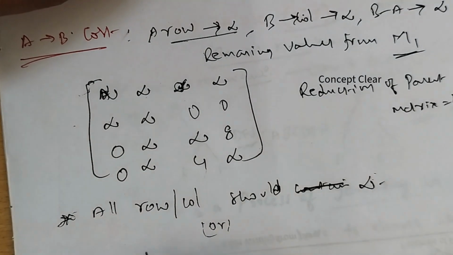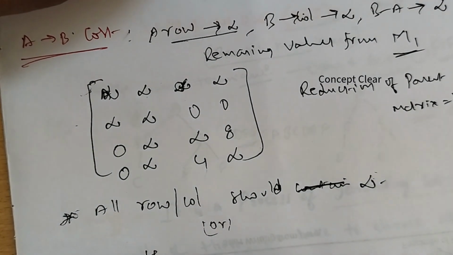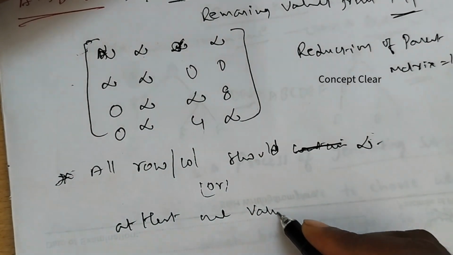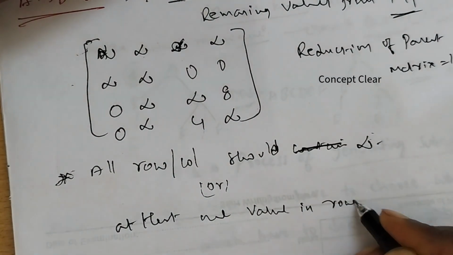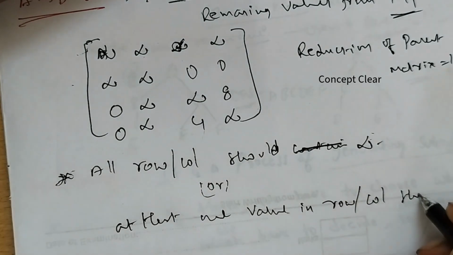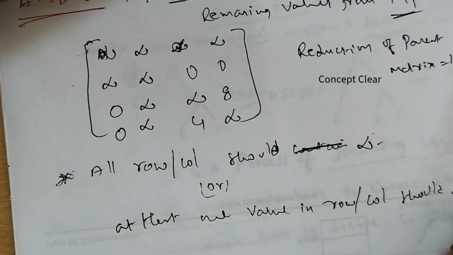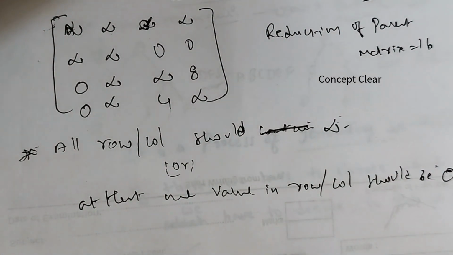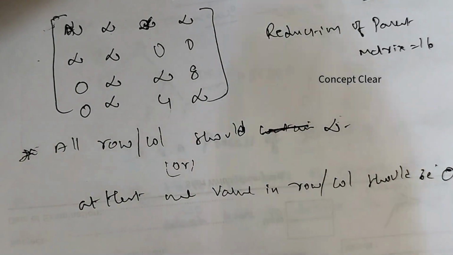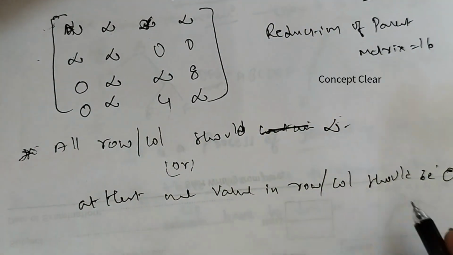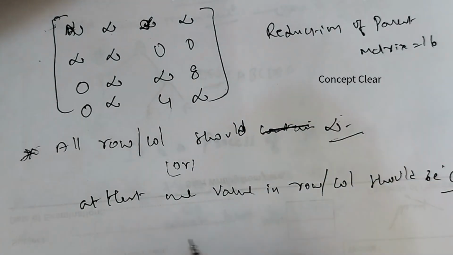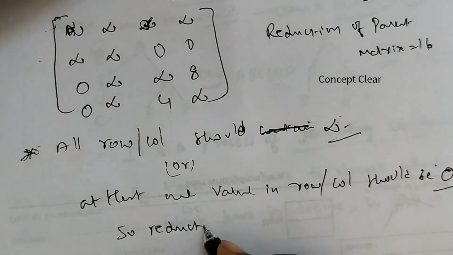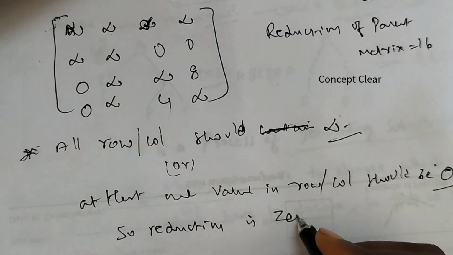Or at least one value in the row or column should be 0. At least one row or column value should be 0, so the reduction is 0. If either this condition or this condition is satisfied, then there is no reduction. So the reduction is 0.